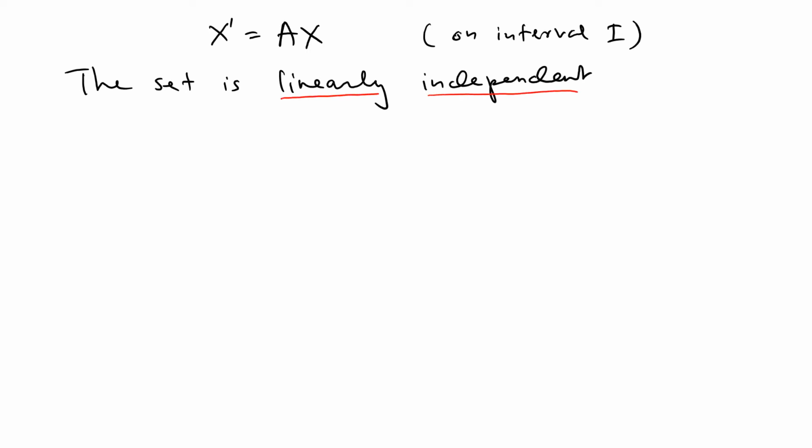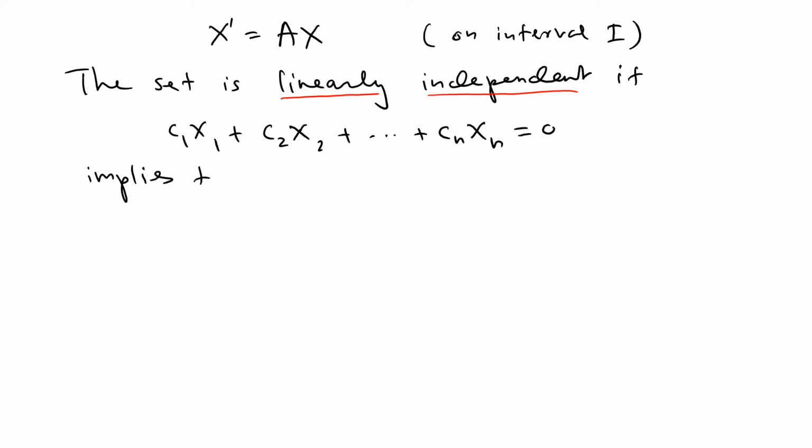if, very similar argument, very similar expressions, c1 x1 plus c2 x2 plus, like that, cn xn equals 0 implies that c1 equals c2, like that, equals cn equals 0.